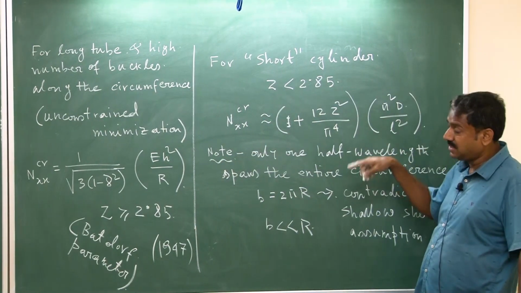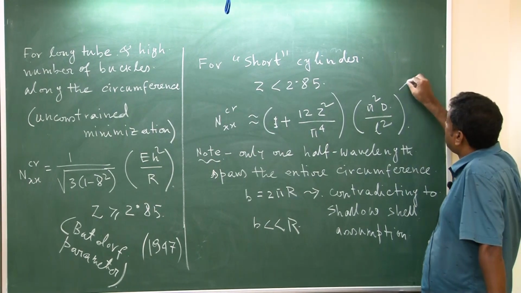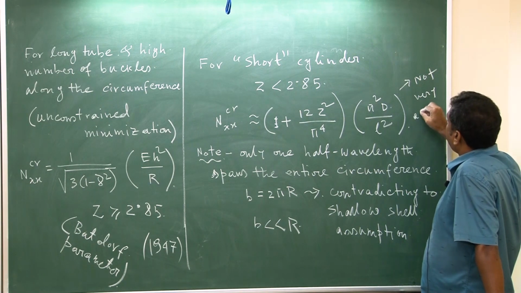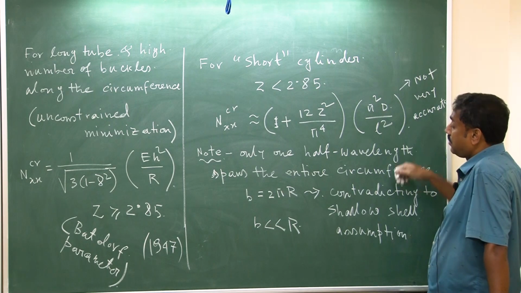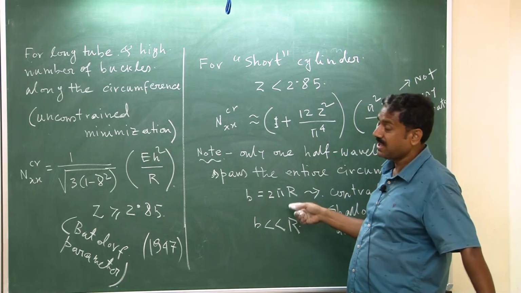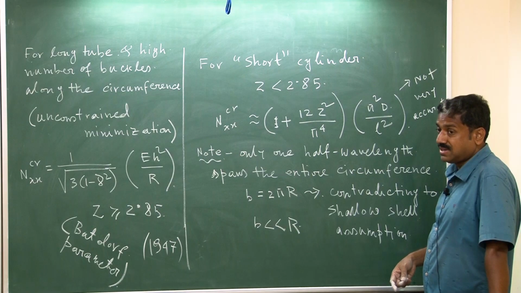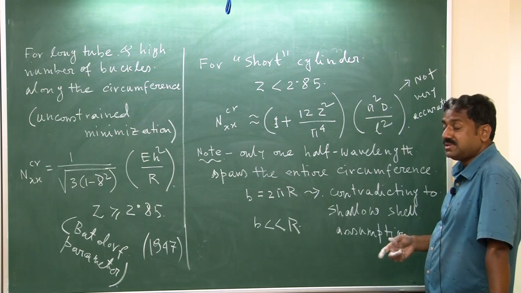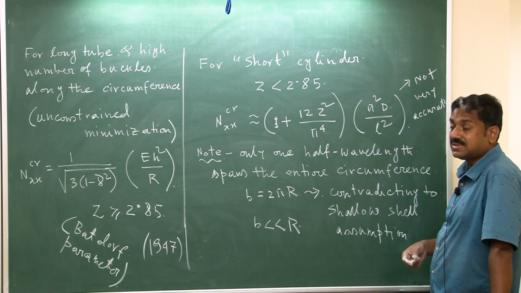So this expression is not very accurate, and you understand why. Although we have solved the mathematics and obtained it, since B is 2 pi r, it is not very much less; only one wave number is spanning the whole circumference. So this is contradicting the fact based on which Donnell's equation has been derived, which assumes the shallow shell assumption.